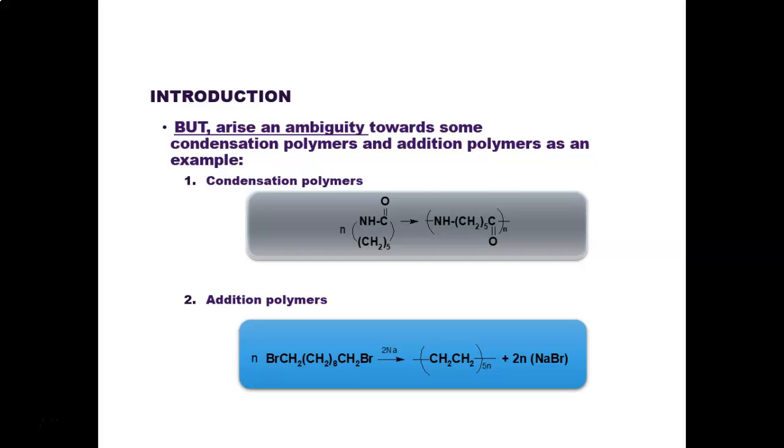But an ambiguity arises with some condensation polymers and addition polymers. As an example, we can see in this example the production of the polymer by condensation and addition polymers.